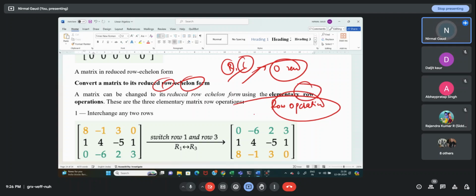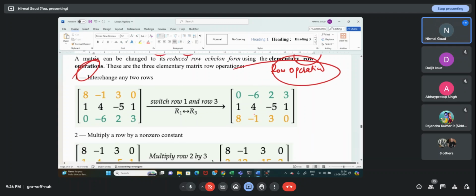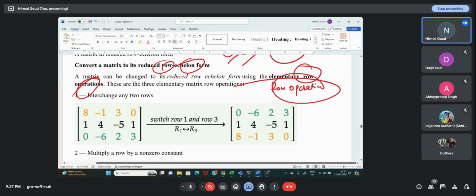I need to apply only row operations, ignore the columns. So if this is the question given to you, 8 minus 1 3 0, 4 1 minus 5 1 0 6 2 3, and you want to convert it into reduced row echelon format.